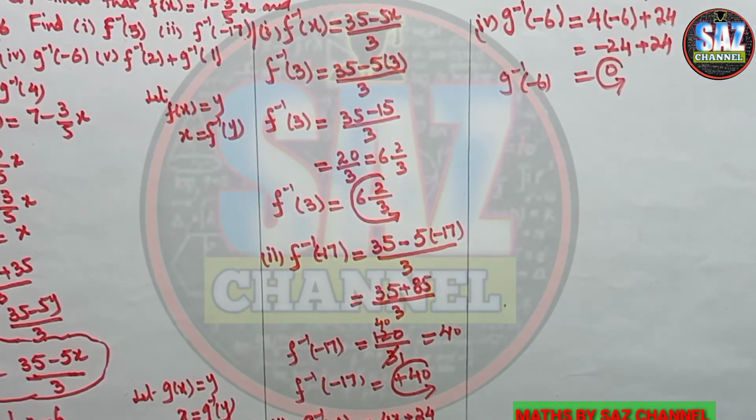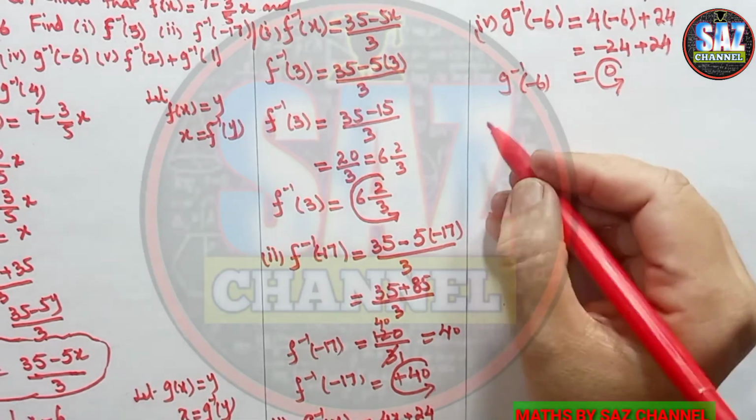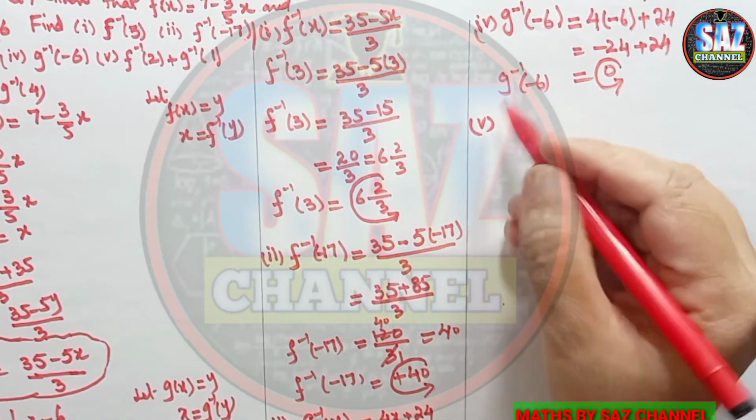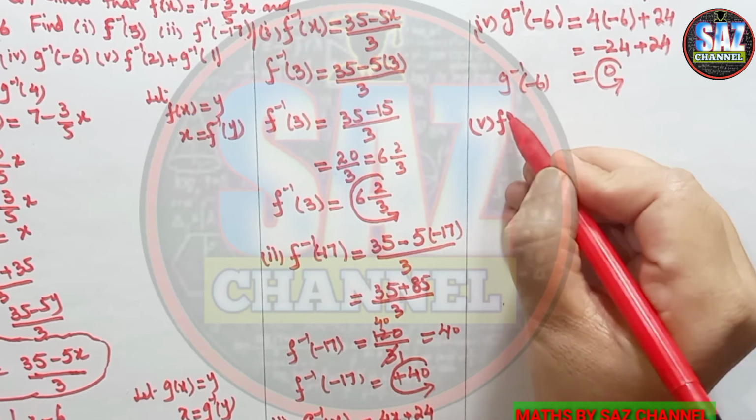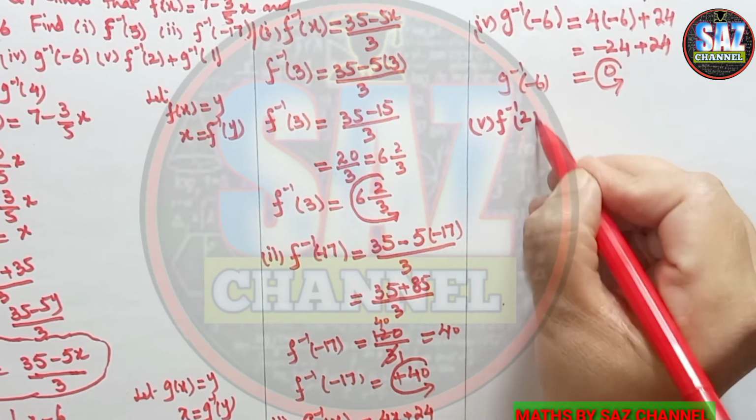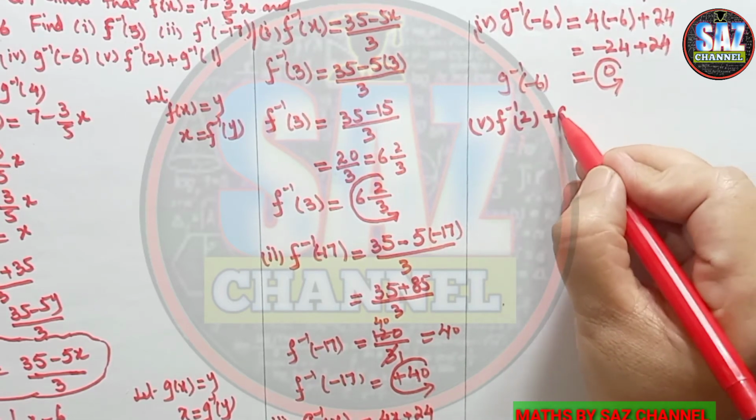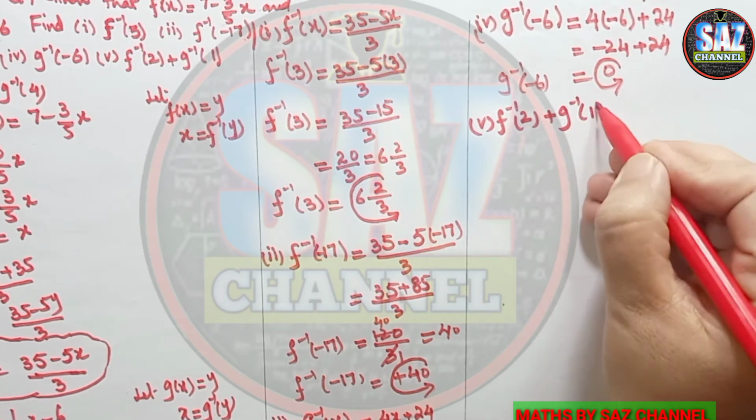Now let's move quickly to the next part of the question, and that is f inverse of 2 plus g inverse of 1.